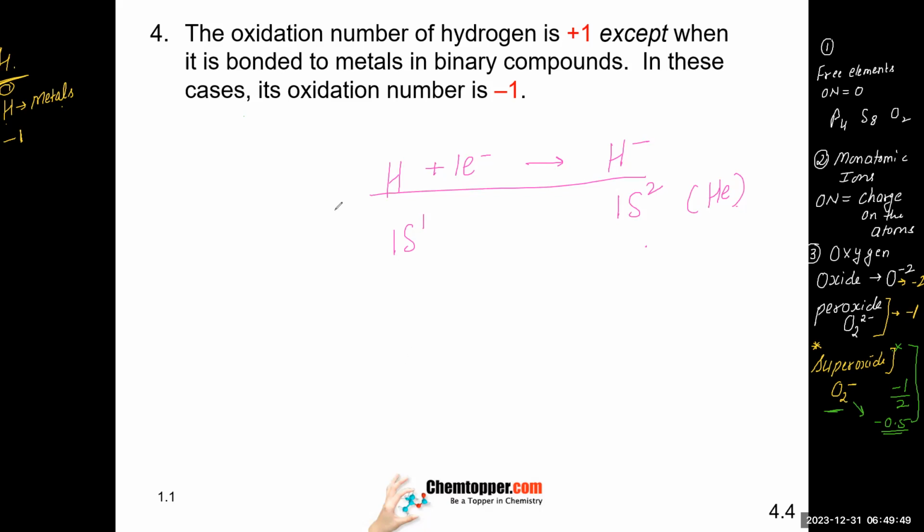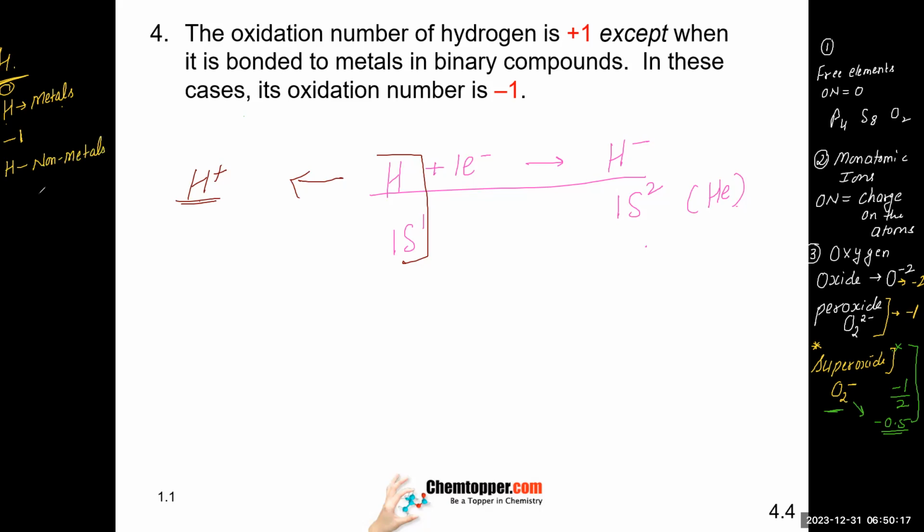Now, hydrogen can also undergo oxidation like this. This is hydrogen, and it will become H plus. Now there is no electron. So it can exist in this form also. But this can happen when hydrogen is bonded to non-metals.